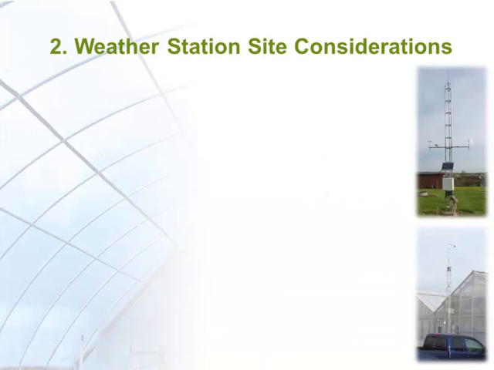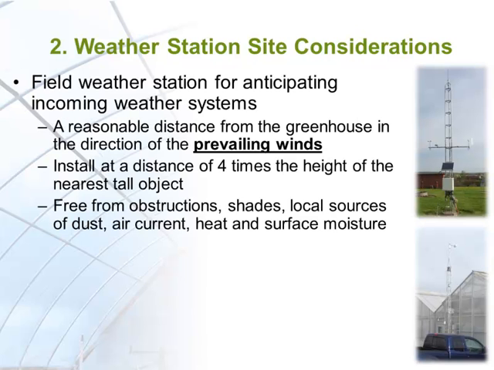To get the most useful outdoor information for greenhouse climate control, one needs to assure that the weather station data is of high quality, and a properly selected weather station location is very important. For macroclimate information using a field weather station, it should have a reasonable distance from the greenhouse in the direction of the prevailing winds.